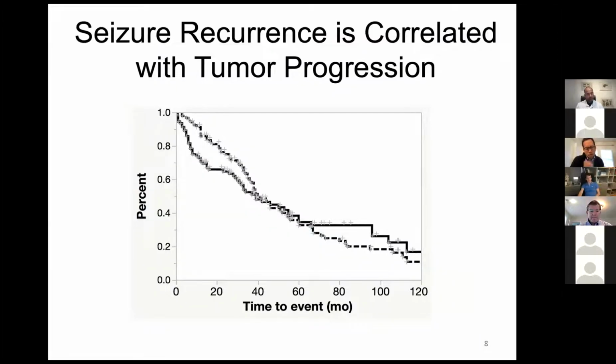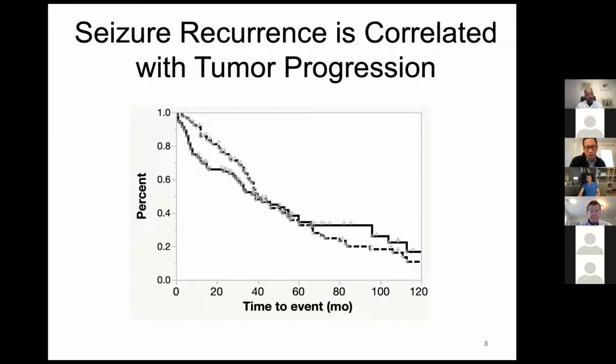Another thing that's important in this paper that we found, many of you will see this, is that after initial surgery, someone may be seizure-free, but then maybe a couple of years down the line will have a seizure recurrence. And what we found in this study, when you looked at those patients that were initially seizure-free after resection, is that a seizure recurrence oftentimes was a harbinger or a clue that tumor progression was occurring.